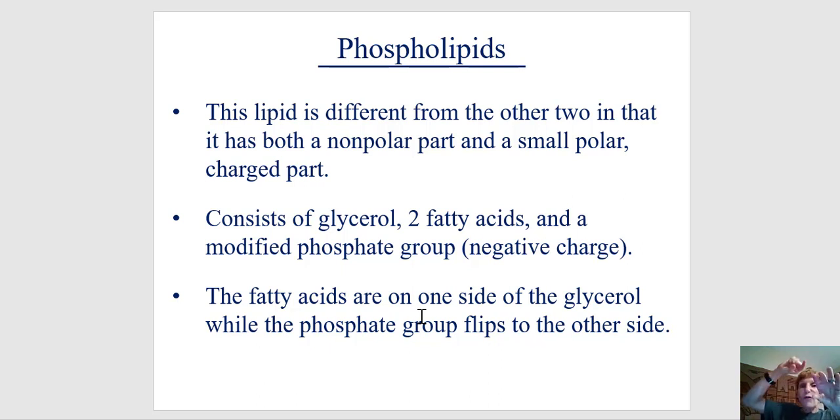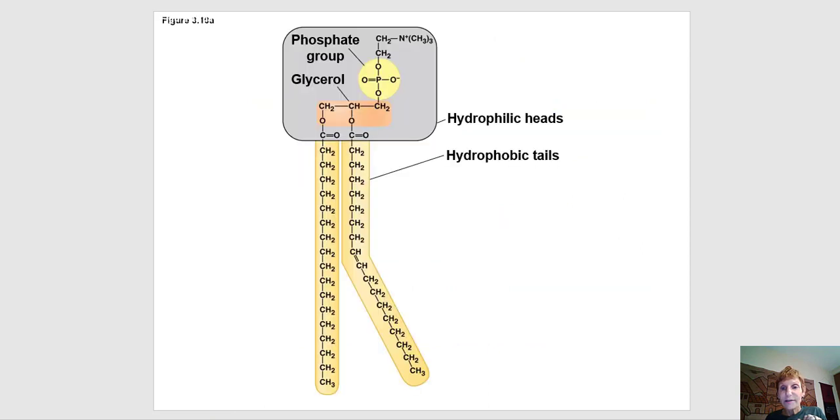So it flips over to the other side and generates this weird looking molecule that looks like this. So there's your glycerol, the 3 carbons. There's your 2 fatty acid chains, which we call hydrophobic tails. And there's your polar phosphate group, which is flipped over to the other side because it doesn't like to be near the hydrophobic part, because this is hydrophilic.